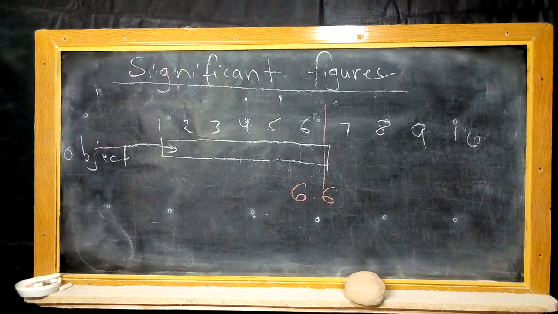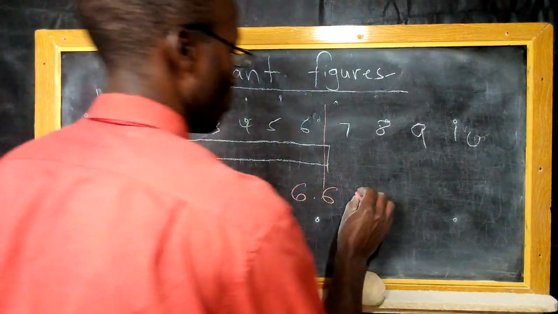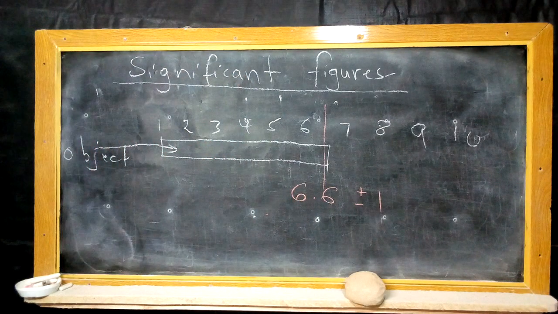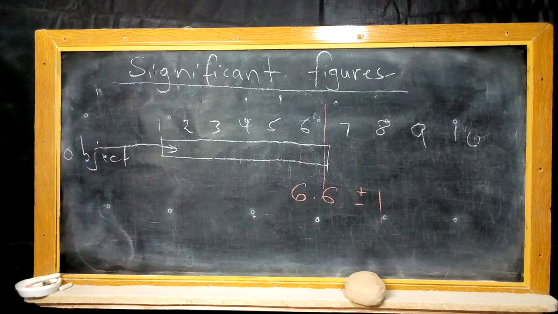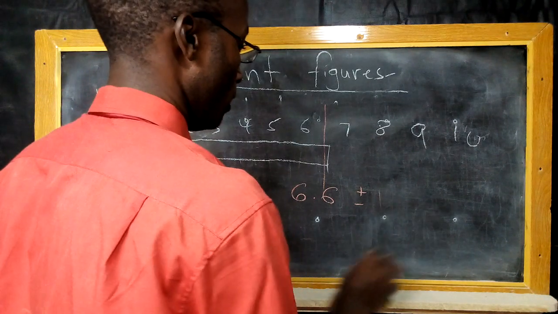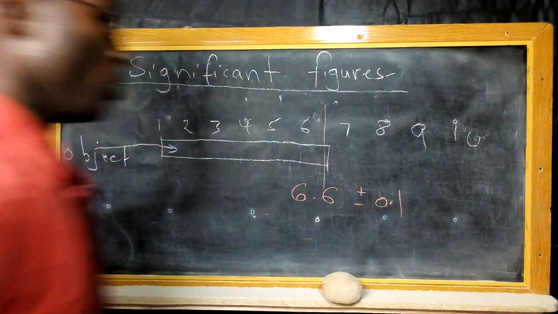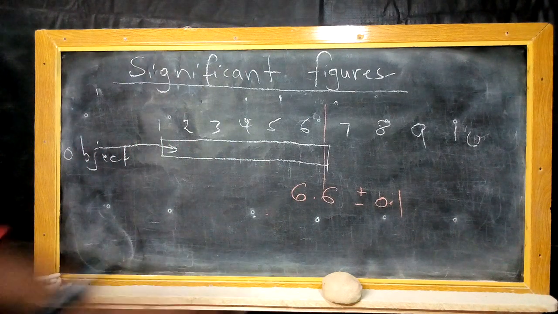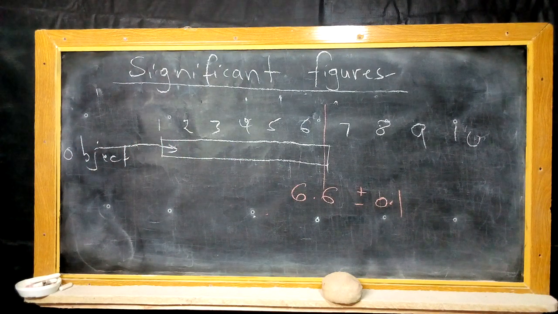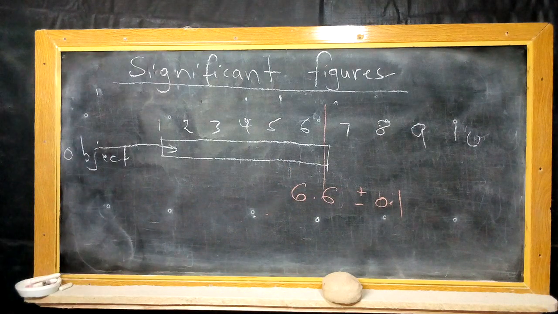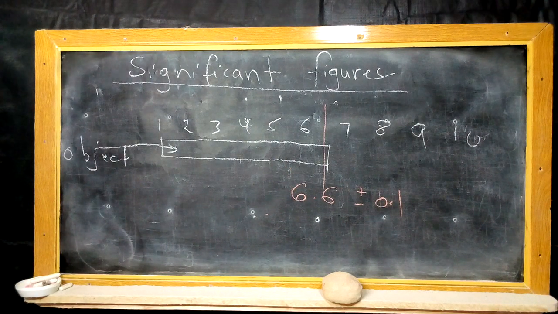But as we said, we are going to include uncertainty, of course, of plus or minus 0.1, simply because we do not know about the second figure there, so it can either slightly be 6.7 or 6.5. That is why it's relevant for us to include that uncertainty.